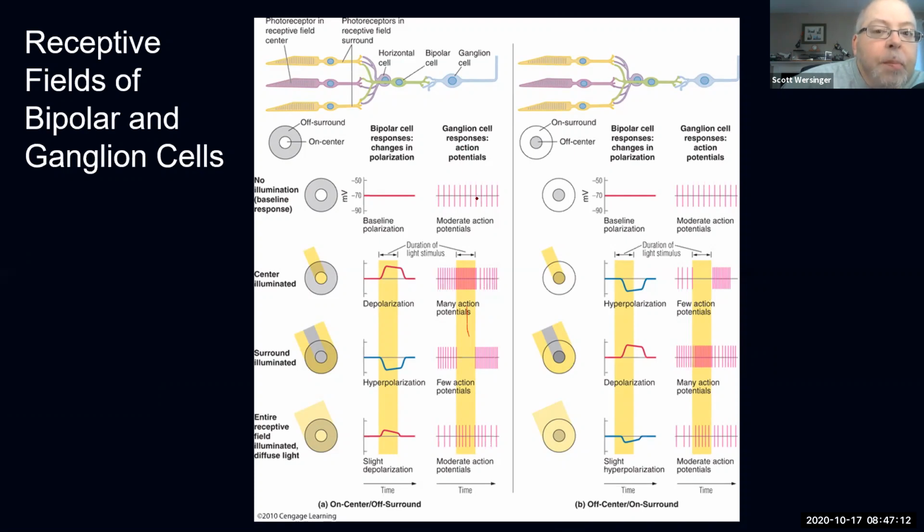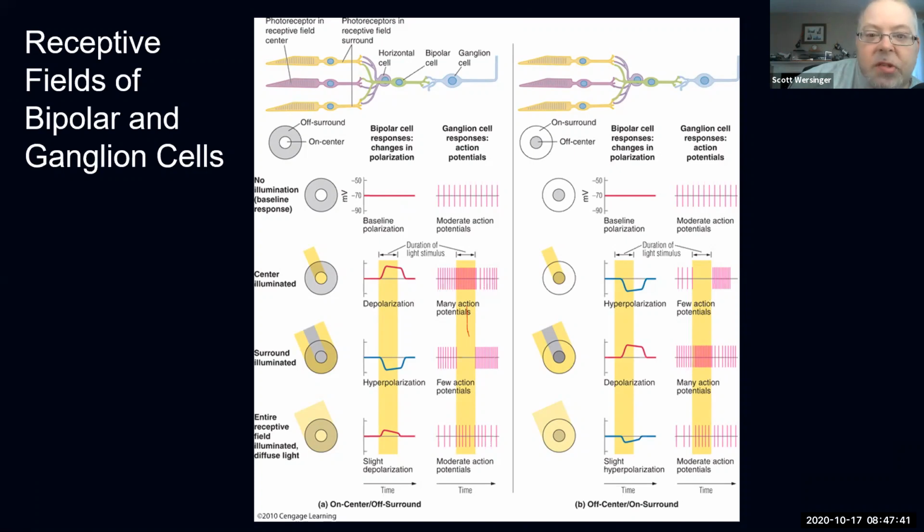Okay, so this is an important property of all neurons. Neurons are inherently active. And by that, what I mean is that neurons like to fire action potentials. They have a spontaneous firing rate. So even when there's no stimulation at all, nothing going on, neurons are going to fire some action potentials.